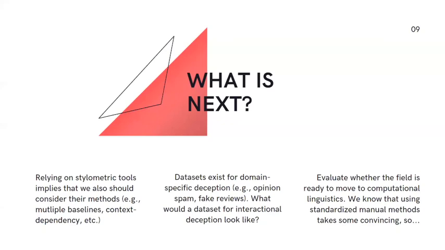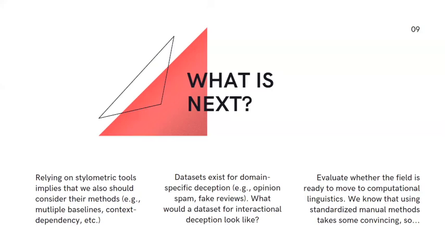So what is next? In my research, I tried to develop some new ideas. The first one I'm very interested in is we're relying on stylometric tools, such as natural language processing, such as LIWC, but we should also consider other methods.